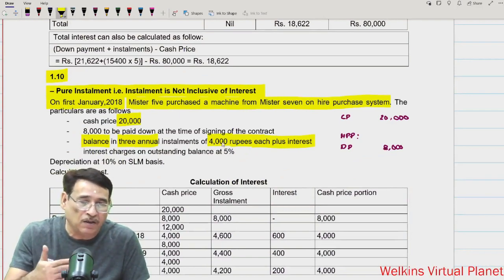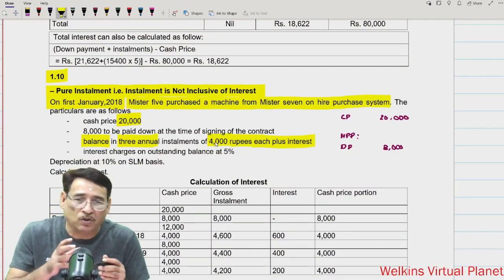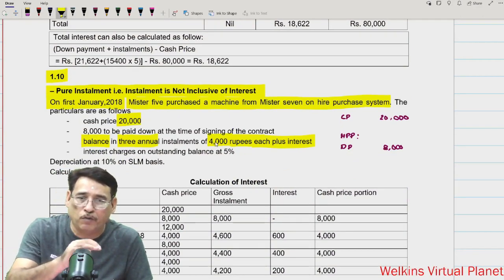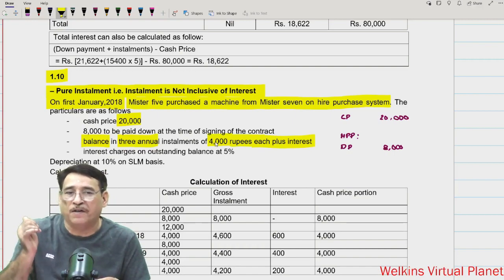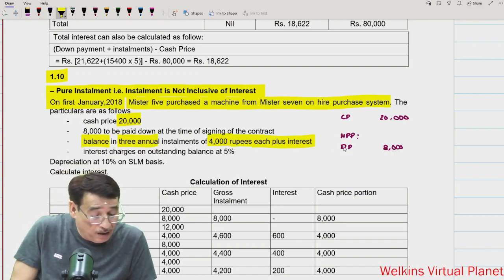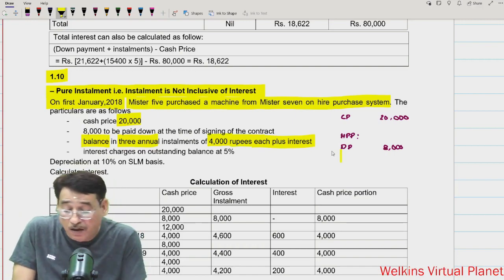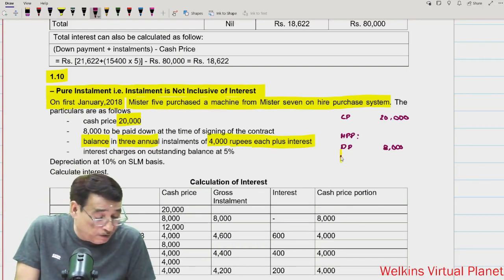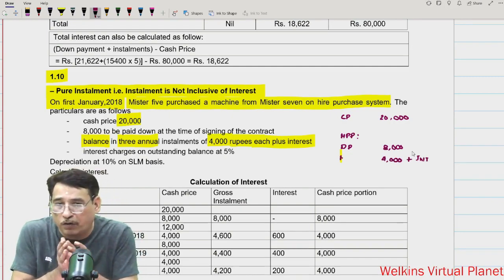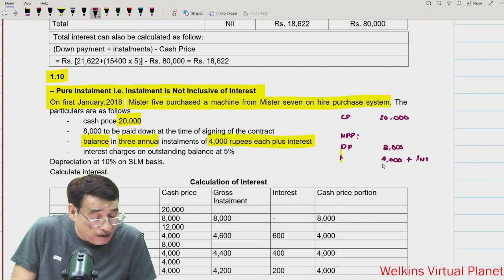It is given in this manner that balance in 3 installment of 4,000 rupees each plus interest. That means in this case, our first installment is 4,000 plus interest, 4,000 plus interest will make the gross installment. But we have been given 4,000.